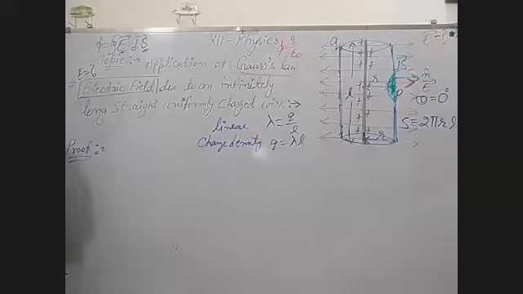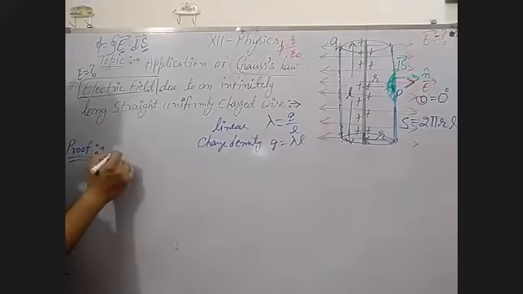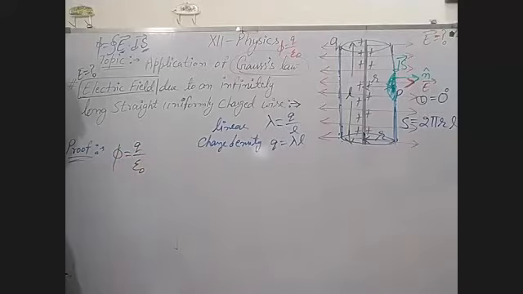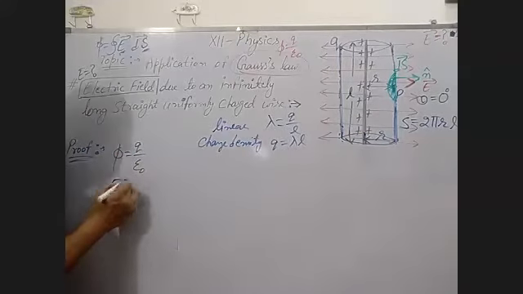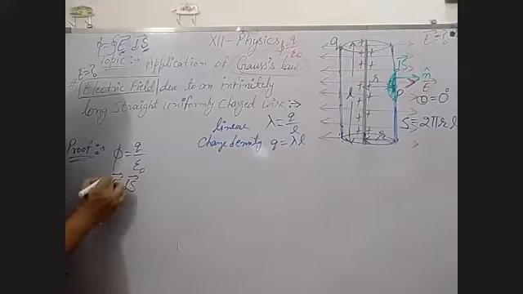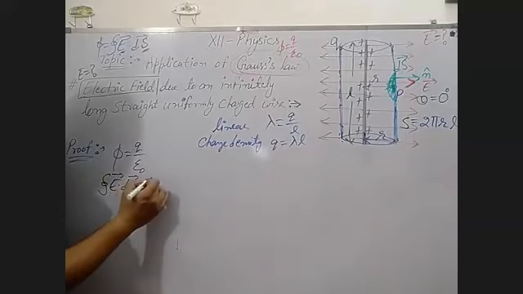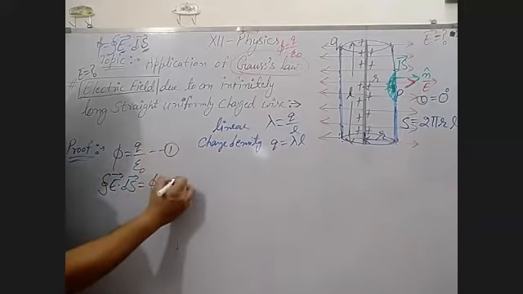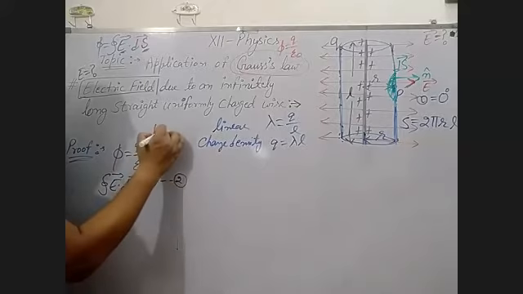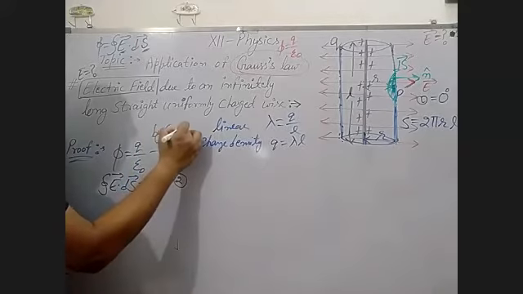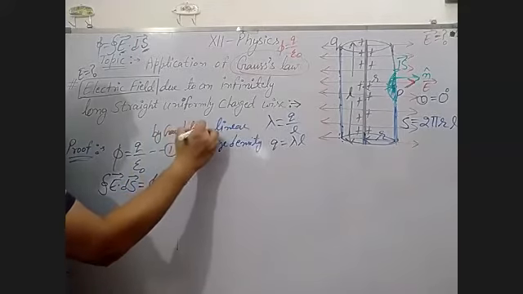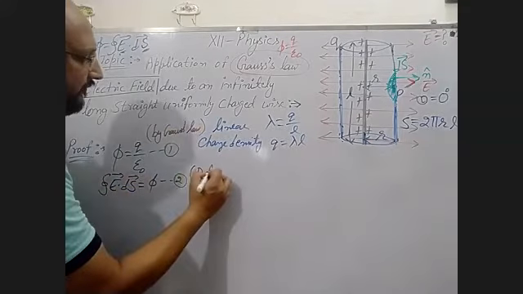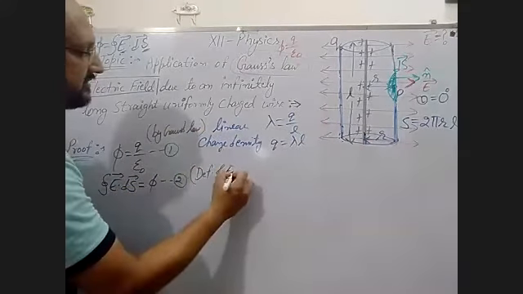First of all, what values do you have now? Phi is equal to Q upon epsilon naught, and another value is the integral of E dot ds vector, which is also equal to phi. This is equation first, which you take by Gauss theorem or Gauss law, and this is the definition of electric flux.